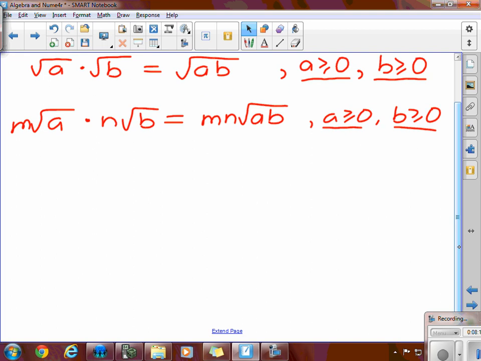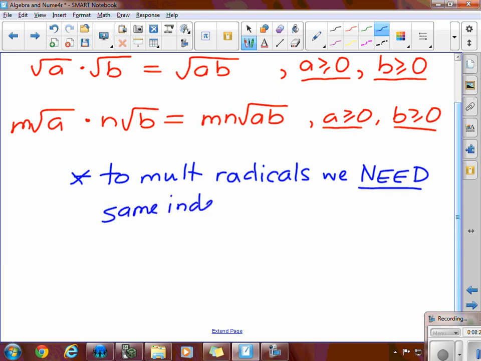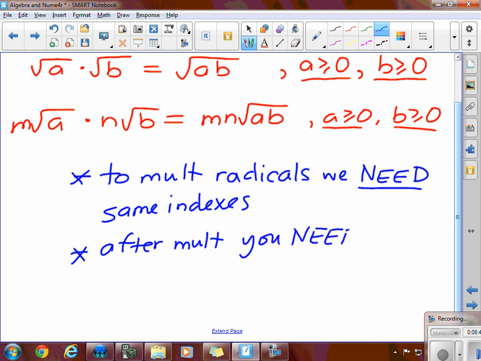And then to build on what Andrew suggested, we could say to multiply radicals, we need the same indexes. If we don't have the same indexes, we can't be multiplying these or combining them at all. And the other thing that I had mentioned, after you multiply, you again need to simplify the product.